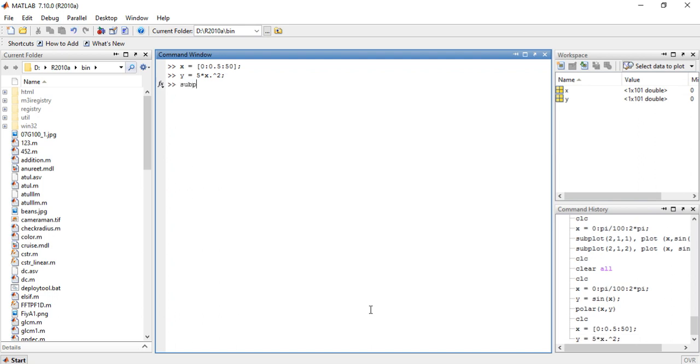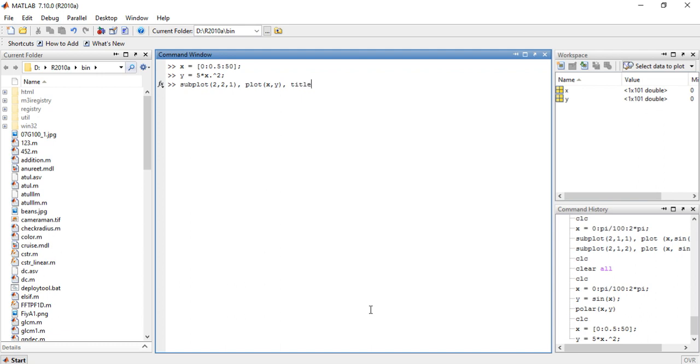We are using the subplot command here. Subplot 2, 2, 1, plot x comma y.